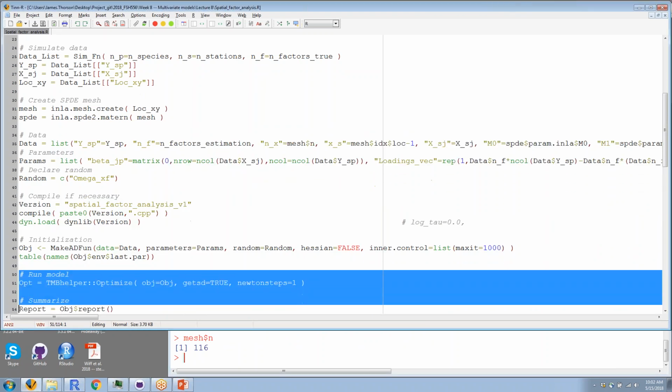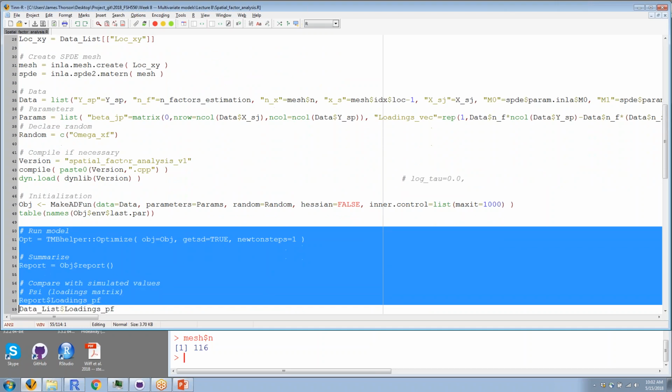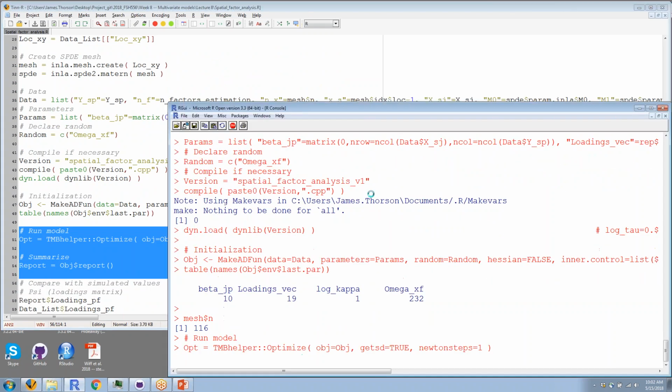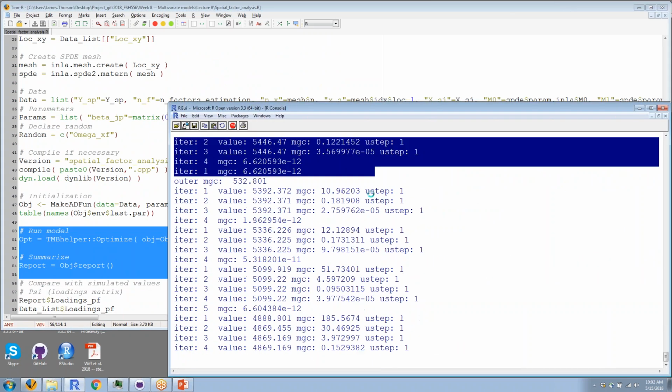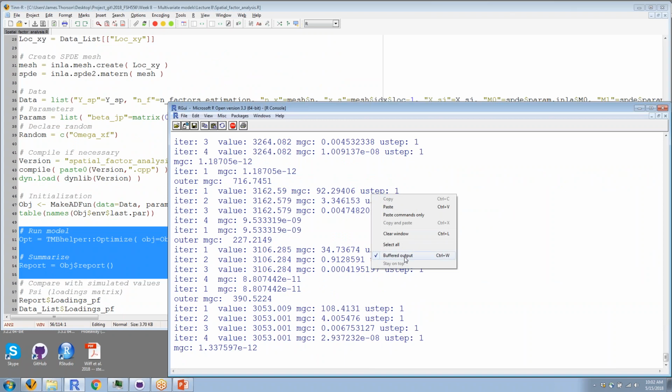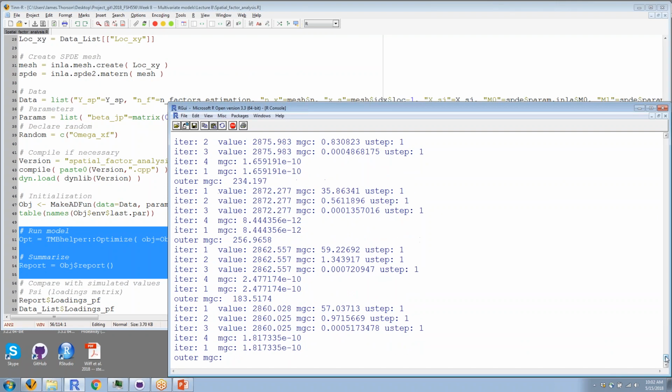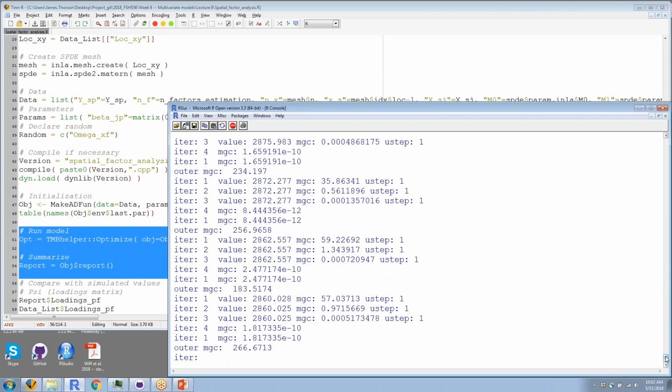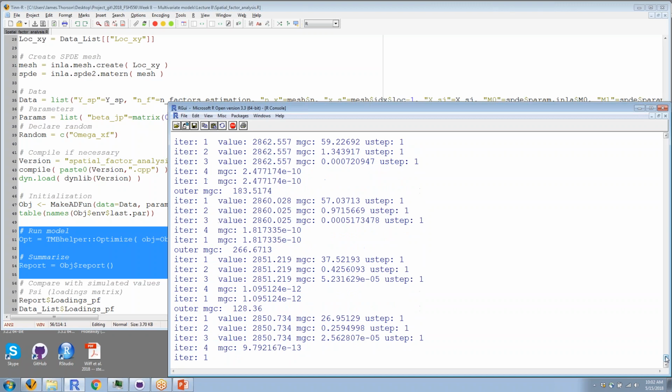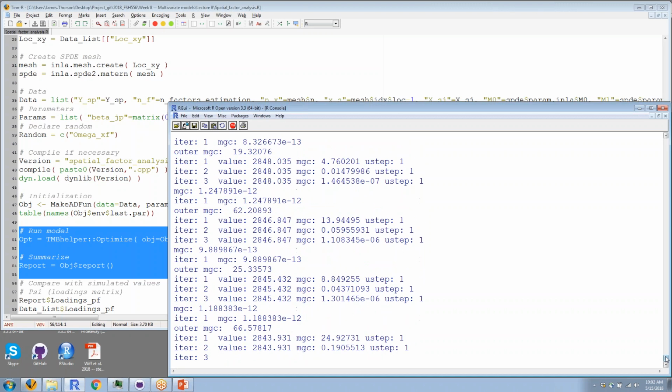And then I can run it and get the report. We can see that it looks like it's converging well because the inner optimum, the U step, is always close to 0, and the MGC is always getting really close. The U step is always close to 1, meaning it's a close to quadratic inner optimum, which is promising for it to converge well.